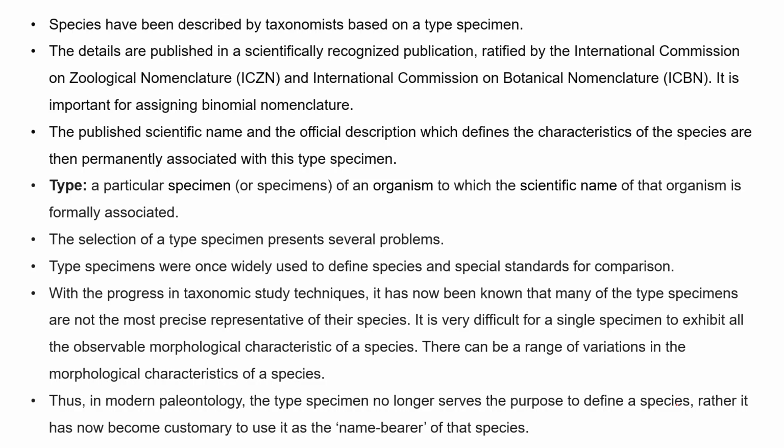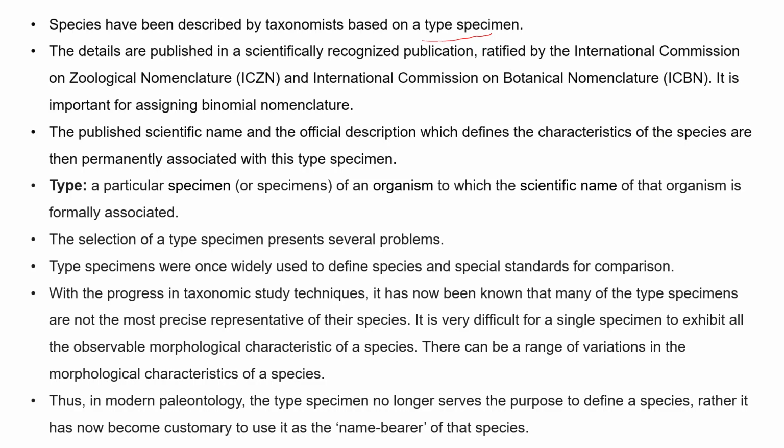The various species which have been described by the taxonomist are based on some type specimen. Because once we find a fossil, who has told us, or how do we know that this fossil is not a rock piece, not a clast, but rather it is some remnant of an old pre-existing animal or a plant?